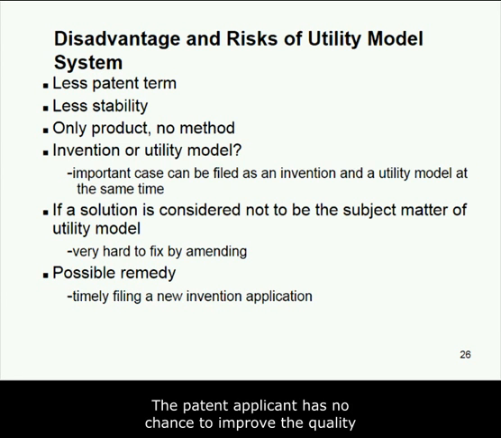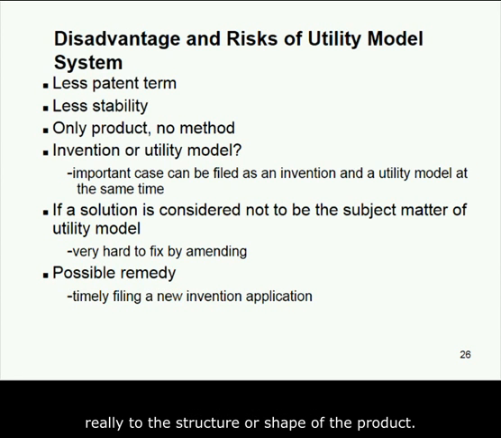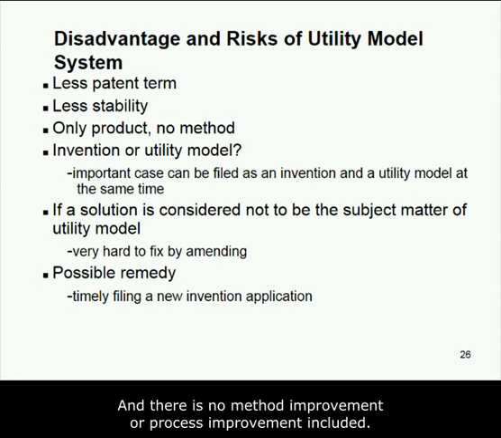The patent applicant has no chance to improve the quality of the utility model by answering the office action. And the technical improvement has to be related to the structure or shape of the product, and no method improvement or process improvement is included.